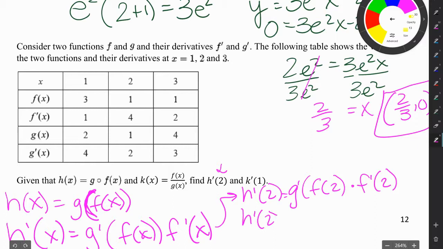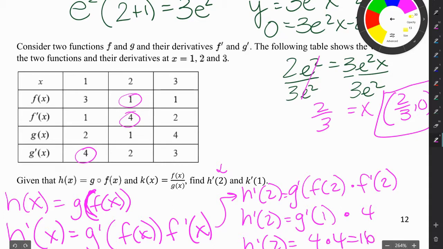So h prime of 2 is g prime of f of 2. So regular f of 2 is 1 times f prime of 2. f prime of 2 is 4. So h prime of 2 is g prime of 1. So g prime of 1 is 4 times 4, which is 16.